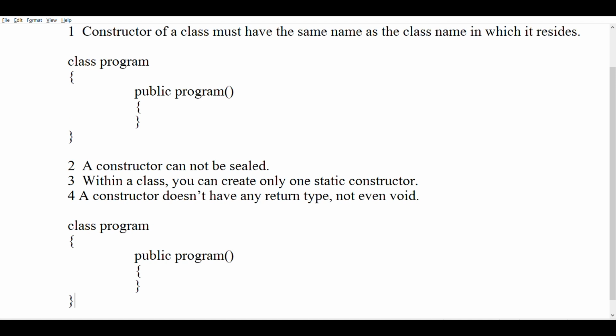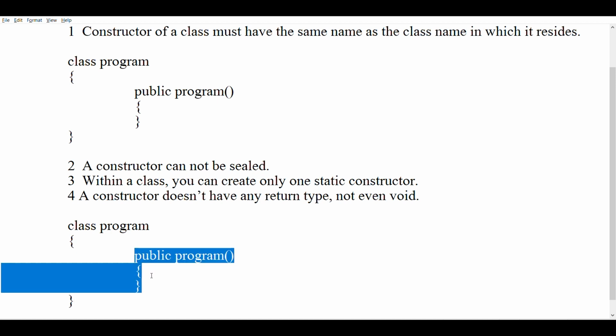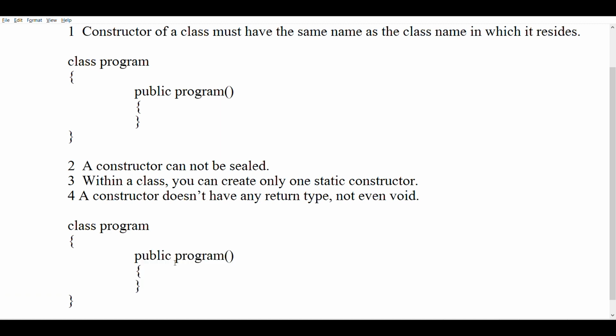If we declare the above code, you can observe that we declare the constructor here with only the access specifier and the program name. We don't specify a return type because there are two types of method: one method returns a value and the second one is non-returning. The constructor is a purely non-returning method, so it cannot be written as void. It's not written with anything.